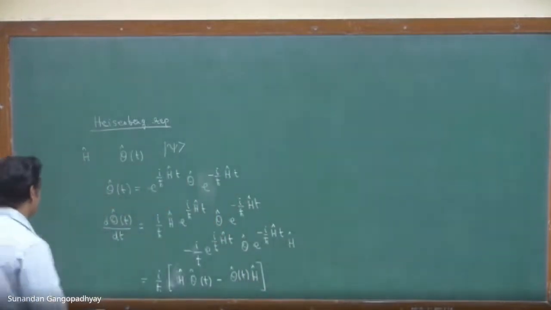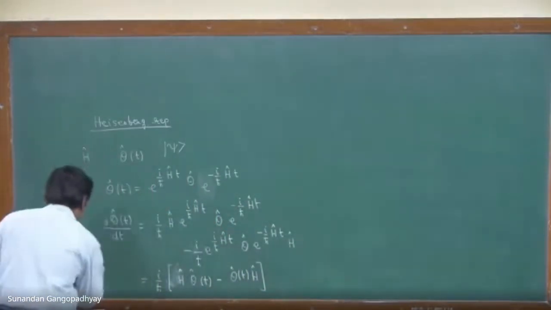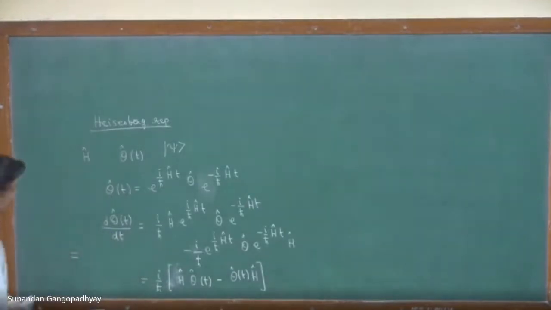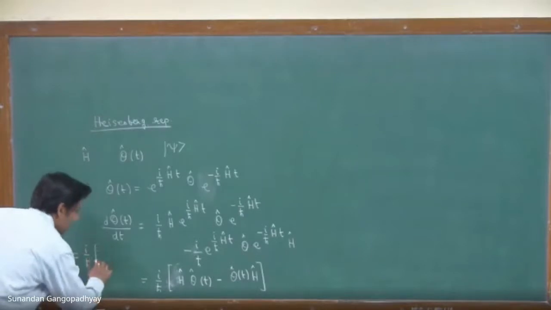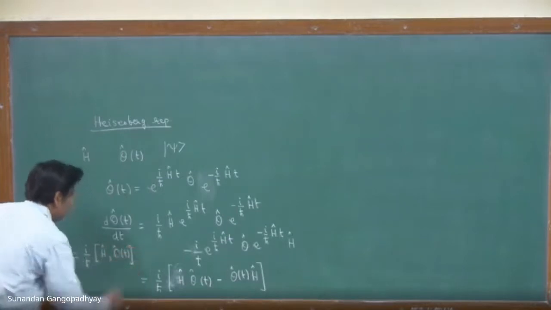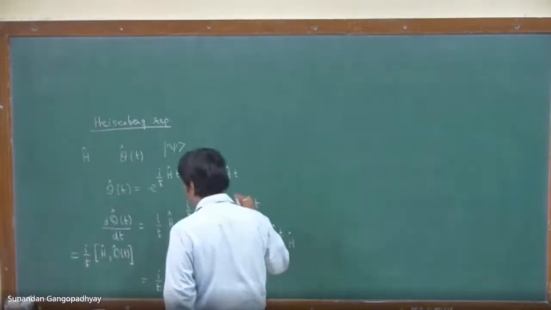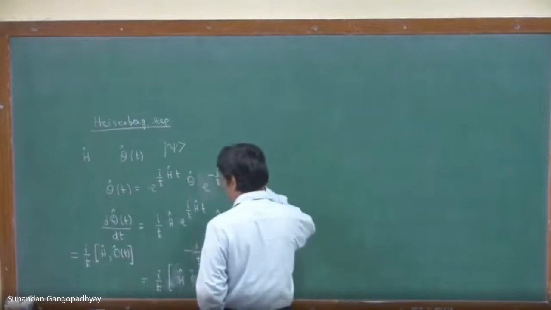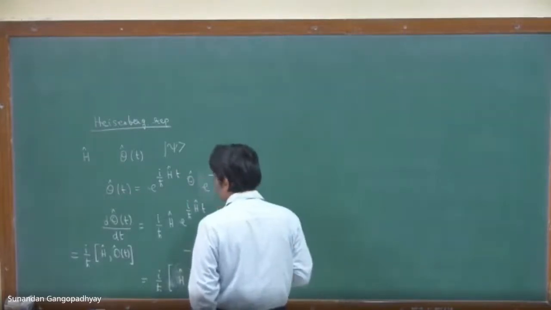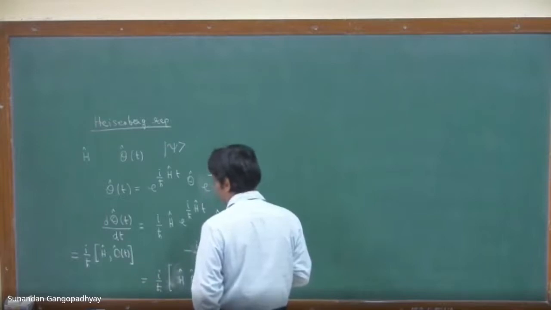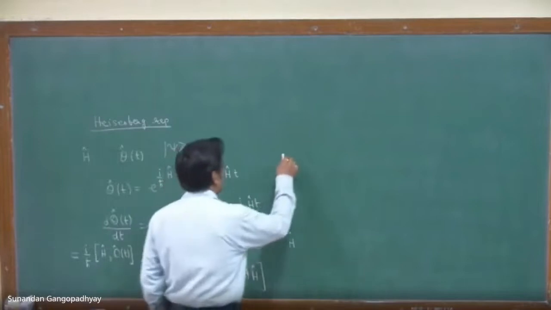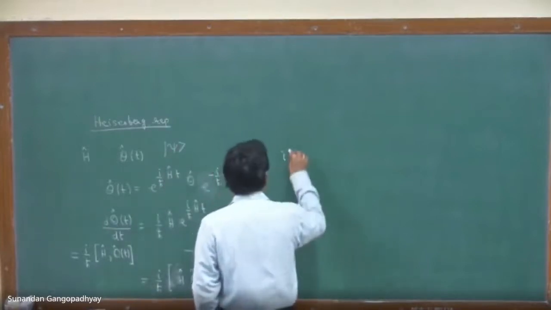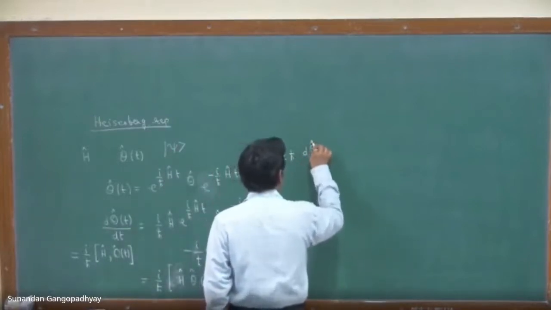Therefore this thing I can write as the commutator of H hat with O hat(t). Therefore what we have now is i h bar d O hat by dt equal to the commutator of O hat with H hat.